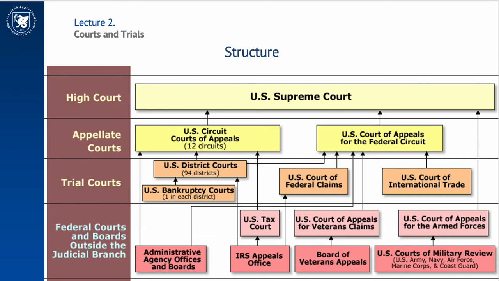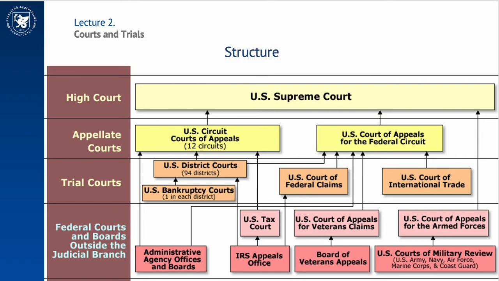However, the court may consider appeals from the highest state courts or from federal appellate courts. The court also has original jurisdiction over limited types of cases, including those involving ambassadors and other diplomats, and in cases between states.